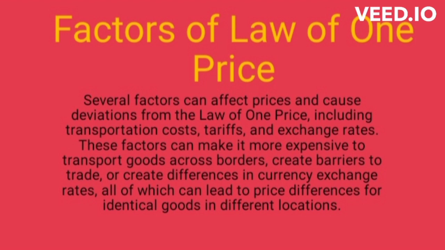These factors can make it more expensive to transport goods across borders, create barriers to trade, or create differences in currency exchange rates, all of which can lead to price differences for identical goods in different locations.